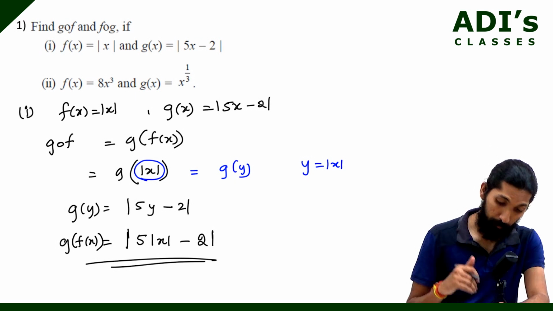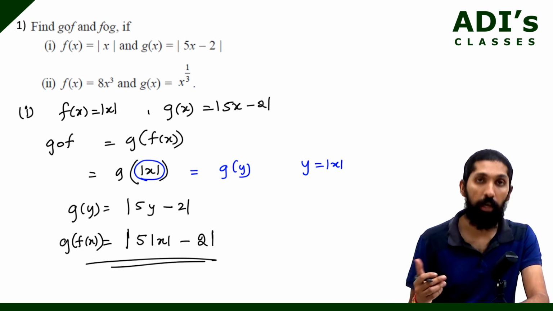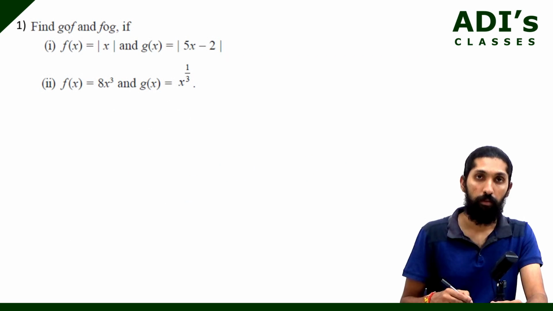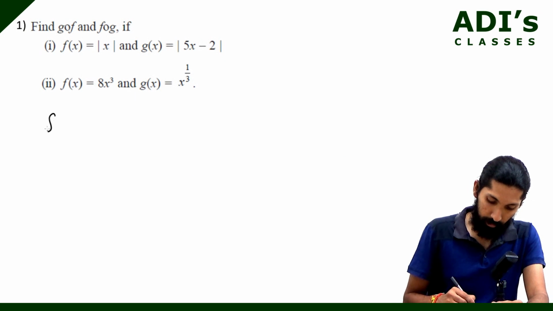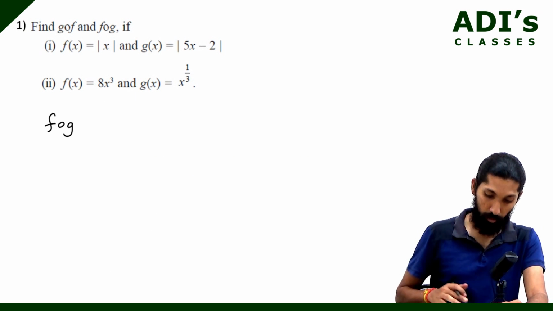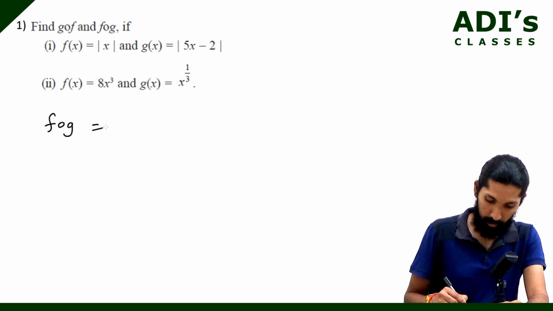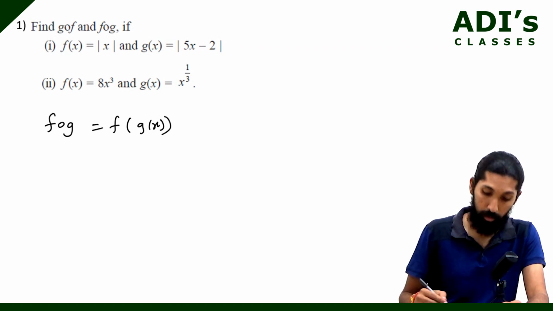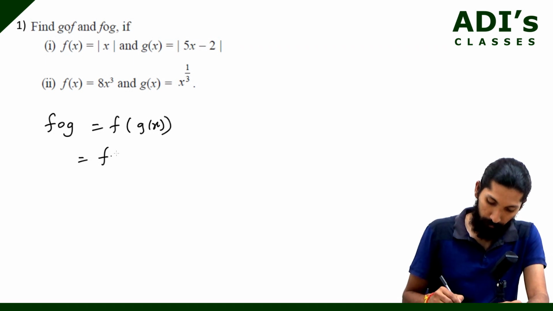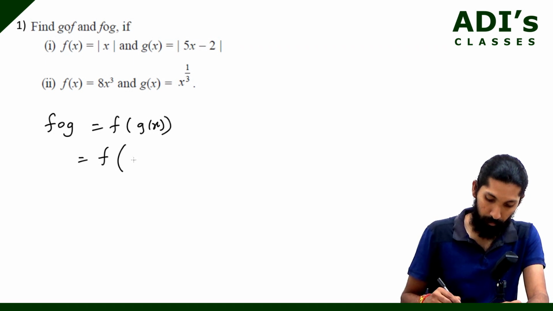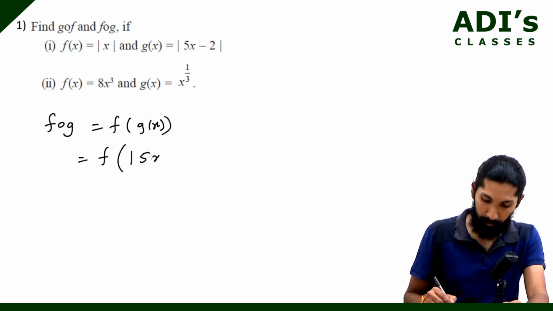Okay. Now in the same thing we have to calculate f of g of x. Correct? Now if you are calculating f of g of x, so this is f of g of x. So f of g of x is going to give me f of mod of 5x minus 2.